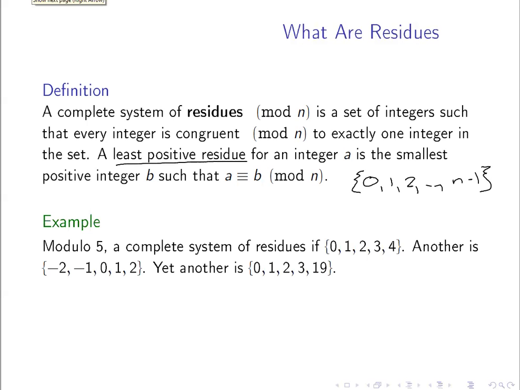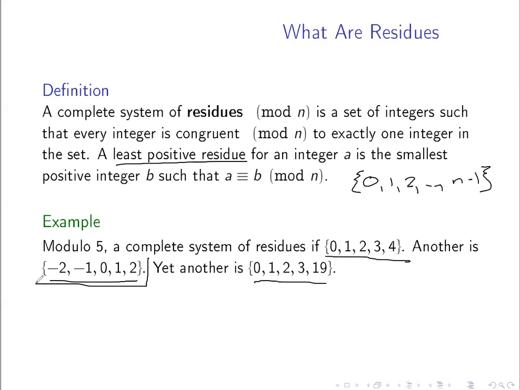Now, for example, mod 5, a complete system of residues is usually 0 through 4, as I just denoted. But I could also use this one: -2, -1, 0, 1, 2. Or if I want to get really weird, I can go 0, 1, 2, 3, 19. Okay, that 19 doesn't make a whole lot of sense, but you technically could do it. Again, there are reasons we do these things.